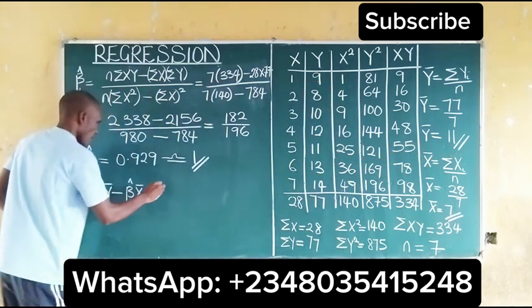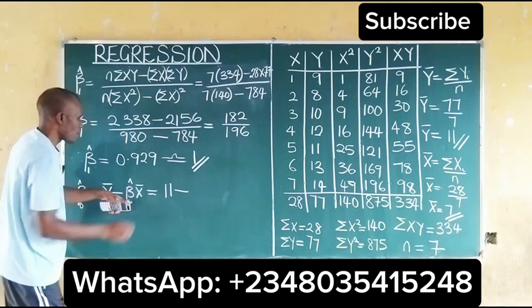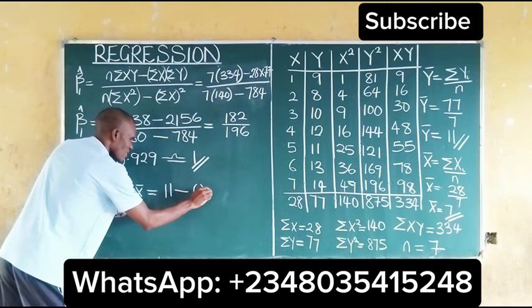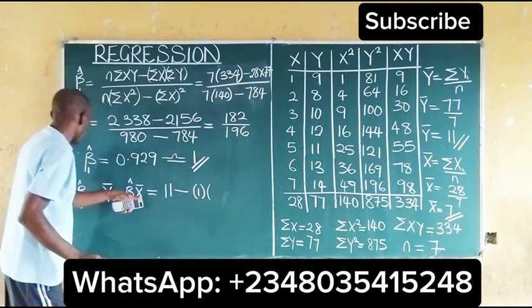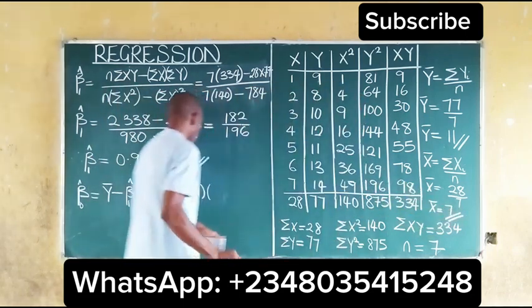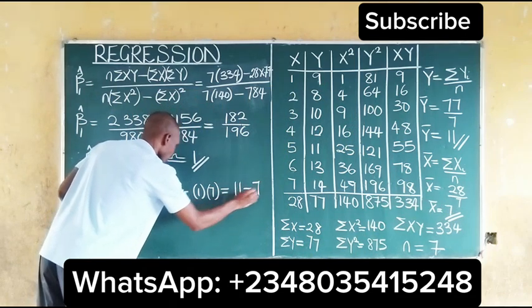So we have 11 minus, what is our B1? 1, multiplied by, what is our X bar? Our X bar here is 7. So we put 7 here.